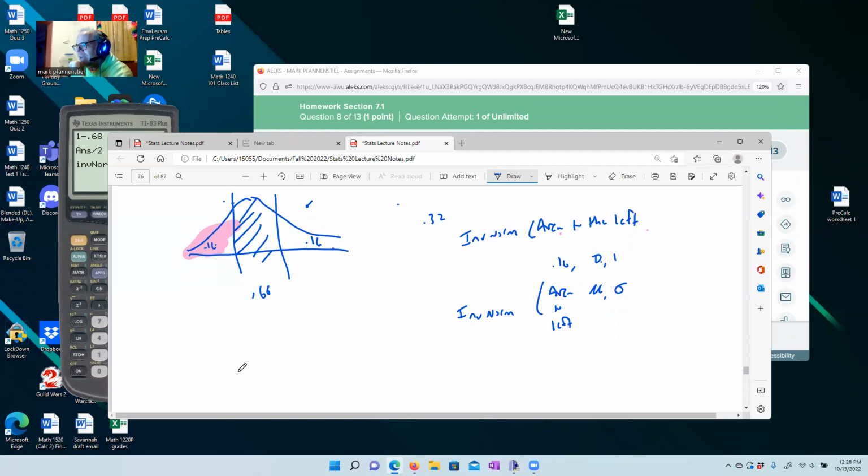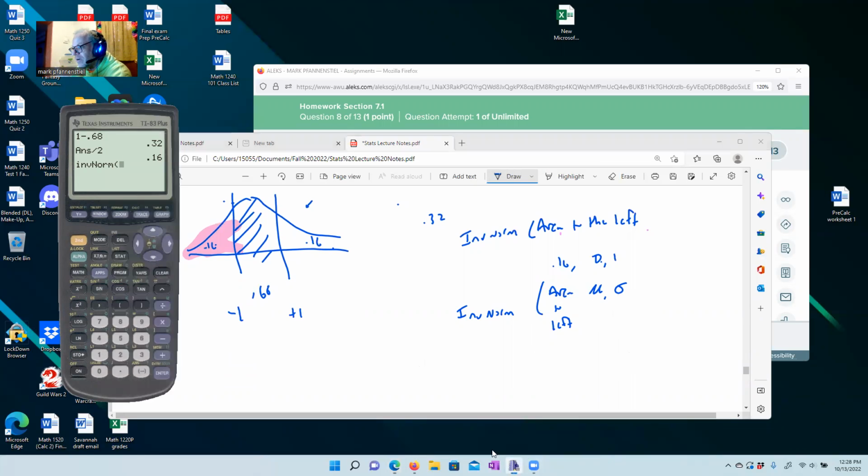Okay, and then we know that it's somewhere between -1 and +1 standard deviation. So if I type this in, I should be getting about -1 as a z-value. Okay, so let's go ahead and plug that in to double check it. So we want inverse norm. I'm going to put in 0.68, or 0.32 rather, 0.16.